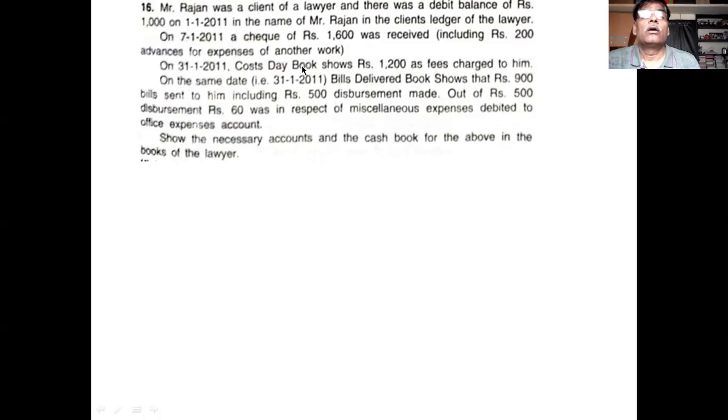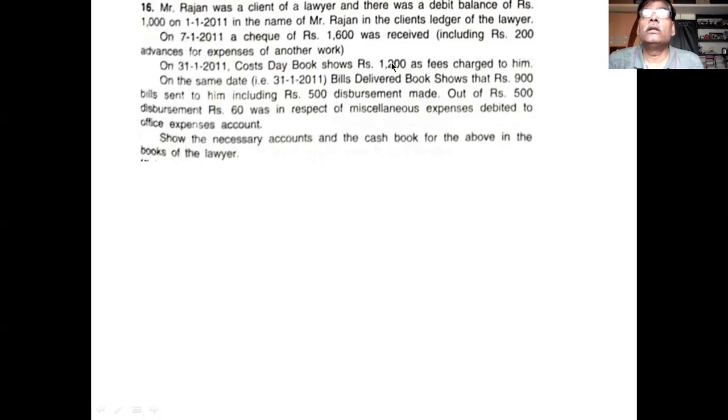Okay. Then after this, on 31/12/2011, costs debited show 1200 fees. Okay, 1200 is the fee charged by the lawyer. So it is a receipt for the lawyer and a payment by Rajan.